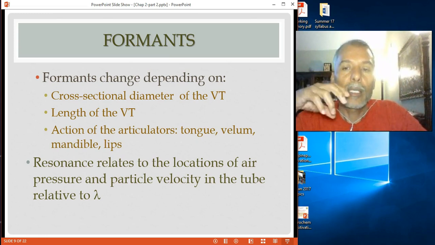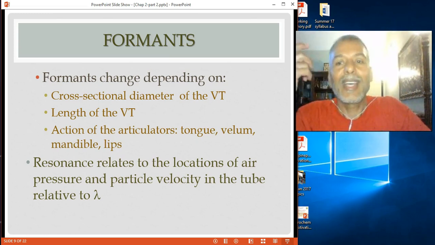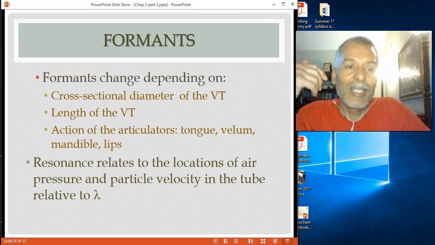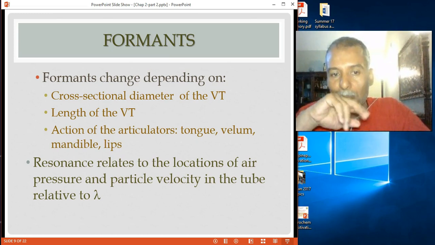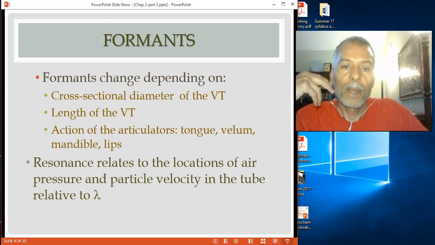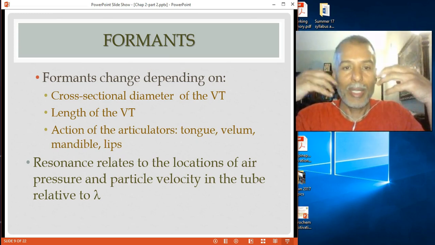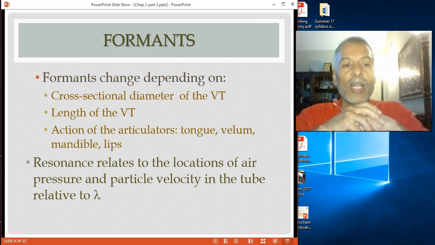If someone has a longer vocal tract, a longer neck, that person is going to have a deeper voice. That will change the formants. And how the tongue, the jaw, the velum, how the articulators behave, is going to modify the formants in the vocal tract.